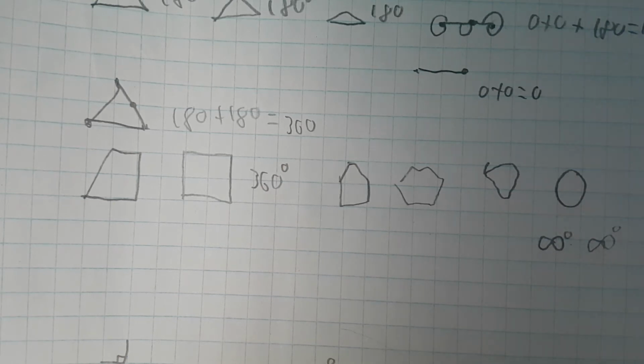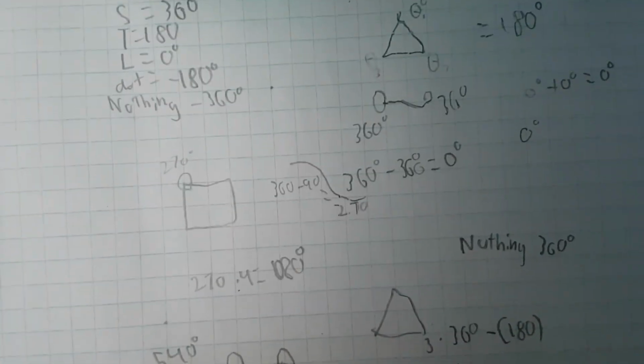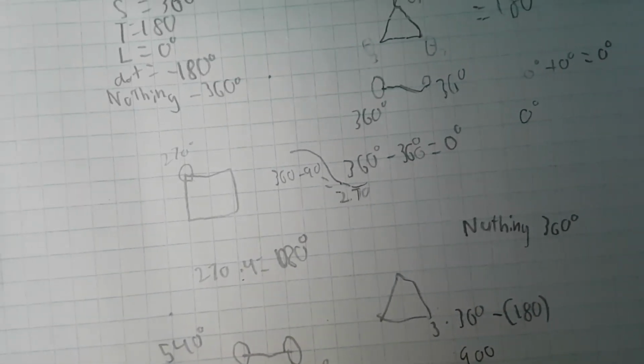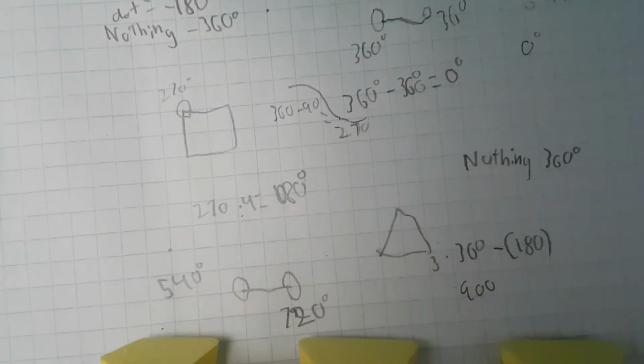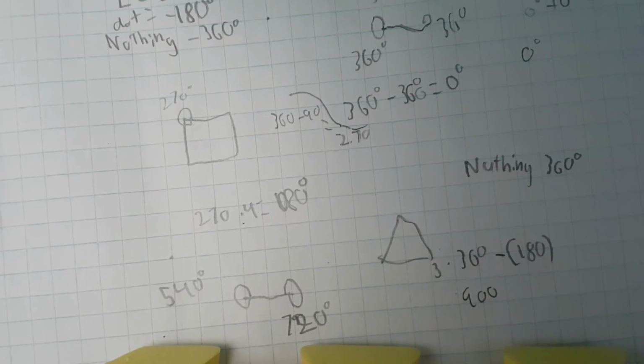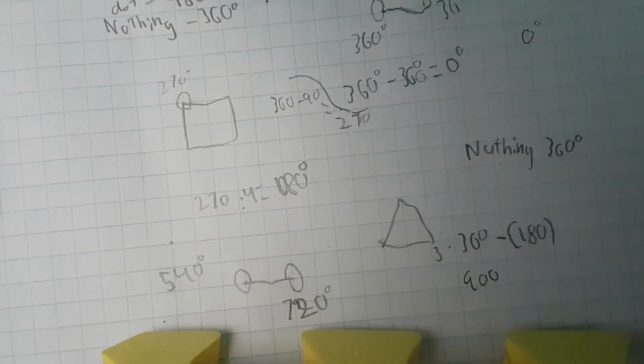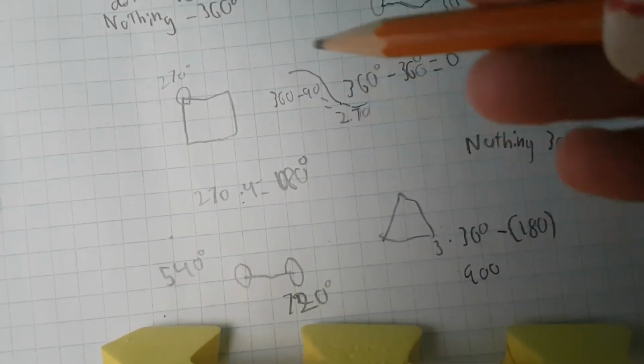And I think that covers everything. If we go back down to here, you can see that well. But we've got a bunch of calculations we did before. We know the outside of the triangle is 900, and of the square is 1080.